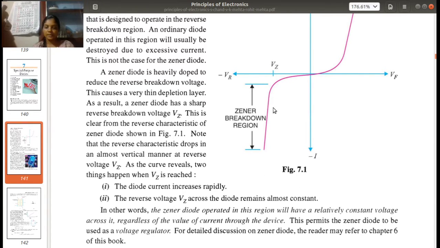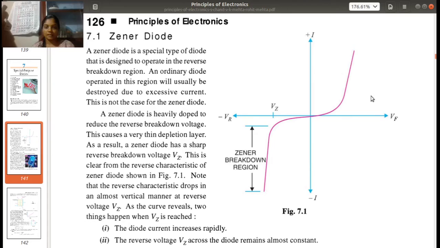This particular characteristic, that the voltage remains constant regardless of the values of the current, is utilized in the Zener diode as a voltage stabilizer. The Zener diode can be used as a voltage regulator because of this, that is, the voltage remains constant irrespective of the increase of the current.